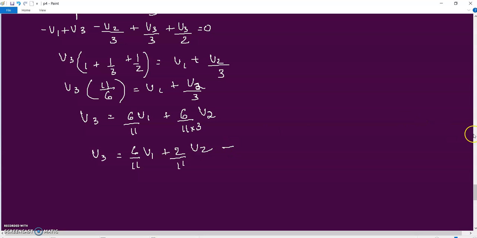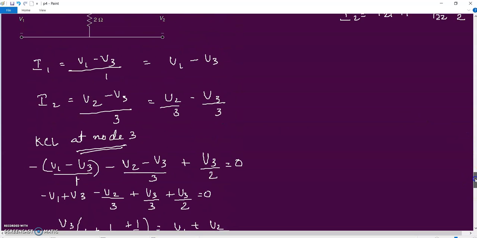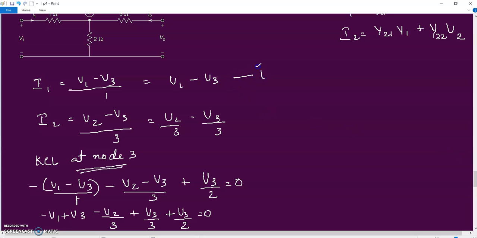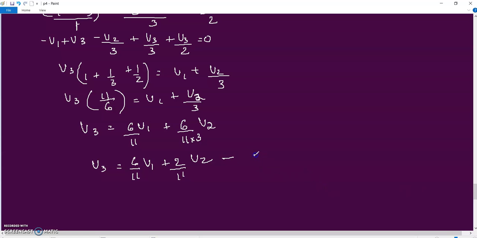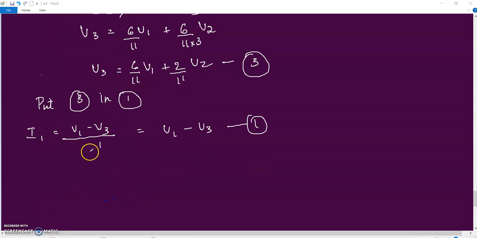So now we can put this V3 in these two equations. This is equation number 1, this is equation number 2, and this is equation number 3. So now we can put 3 in 1. Here we have equation number 1. Put this V3.